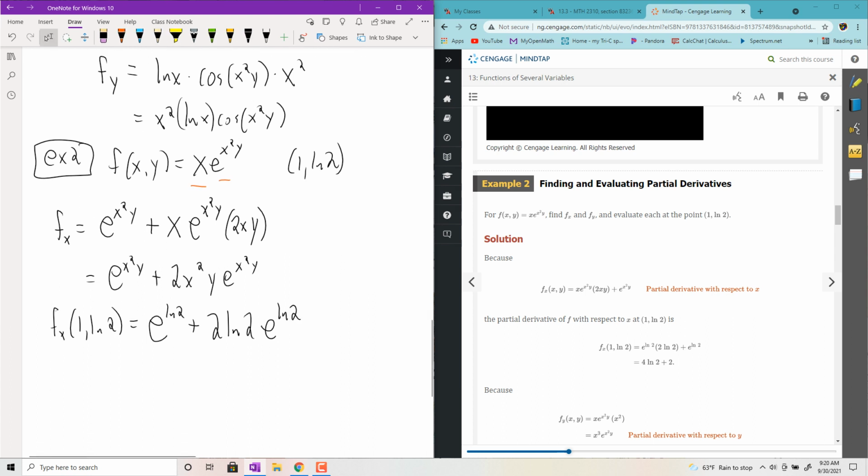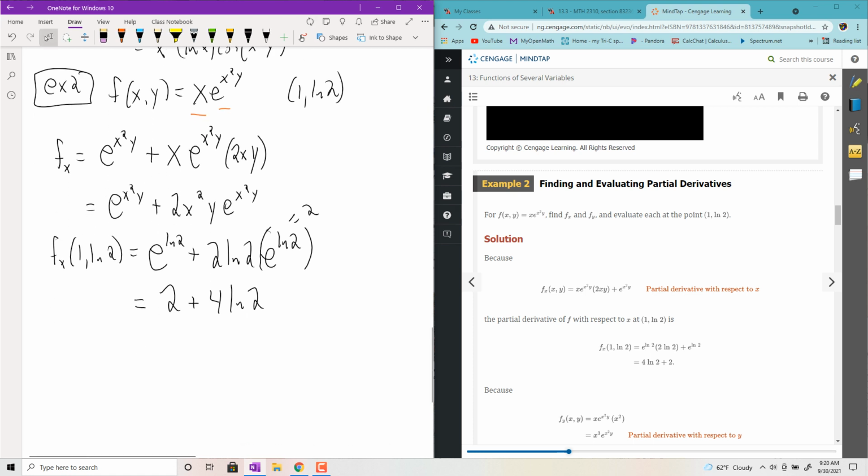You can simplify e to the ln 2 is just 2, and then plus this part is on its own there, but that part will equal just 2. So you'd end up with 2 times 2, which is 4, and then ln 2.